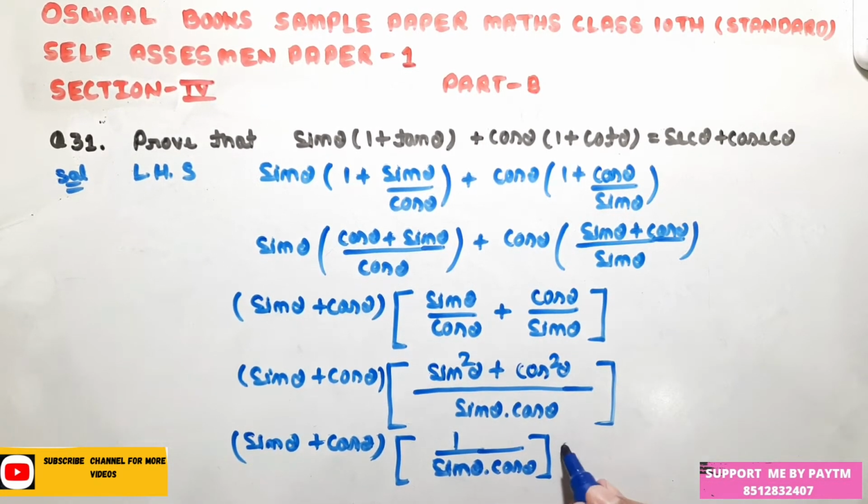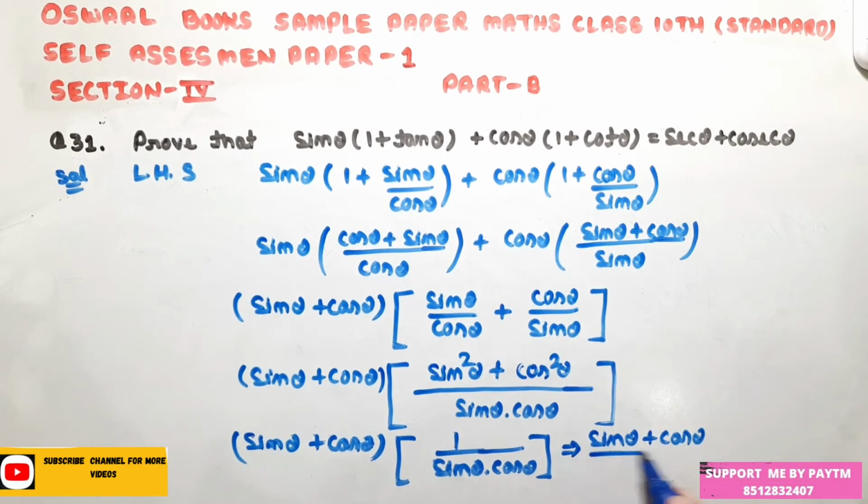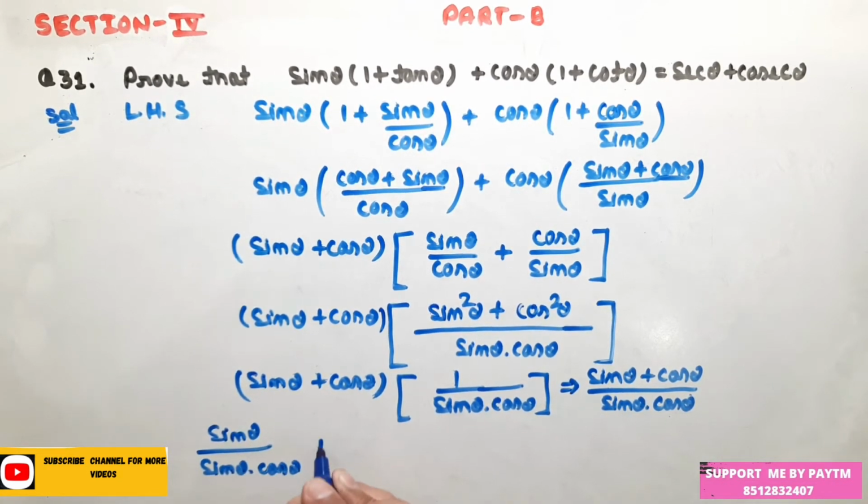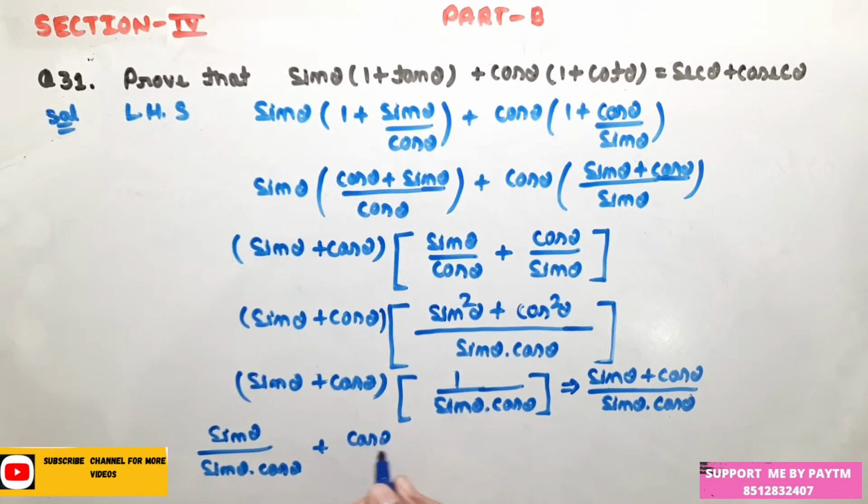On multiplying, we will get sin theta plus cos theta upon sin theta into cos theta. On dividing the numerator separately by the denominator, sin theta upon sin theta into cos theta plus cos theta upon sin theta into cos theta.